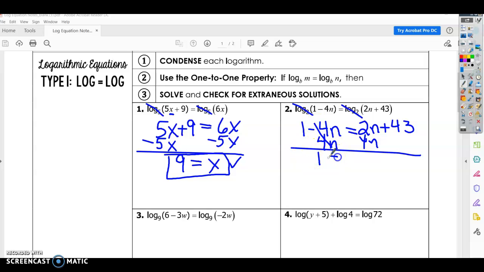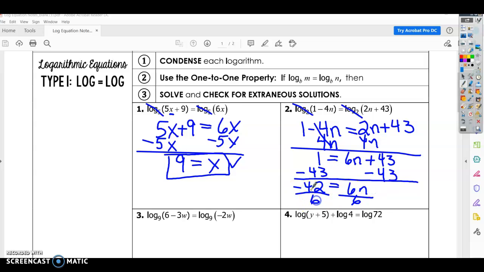So I'm going to have 1 equals 2 plus 4 is 6n plus 43. All right, now I'm going to subtract 43, and 6n equals negative 42. Divide both sides by 6, and n equals negative 7.